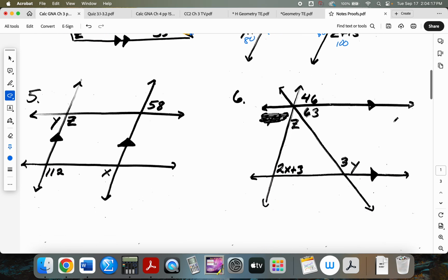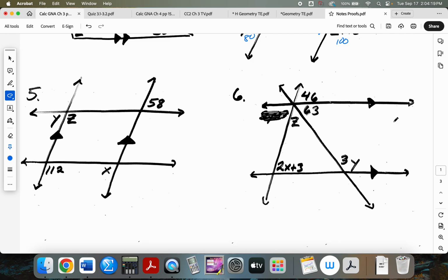All right, for number 5. If I'm looking for x, do I want to go left and right or up and down? Which way do I want to go? I want to go left and right because, well, we don't want to go with the parallel line.